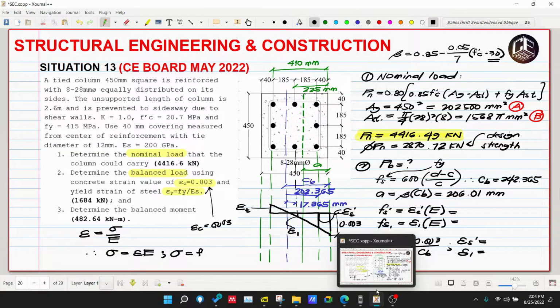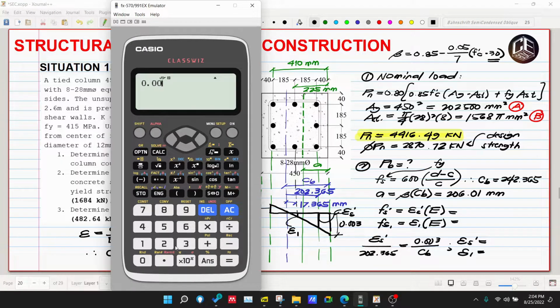Sorry, this is epsilon pala, hindi yan E. Okay, so 0.003 multiplied by 202.365, divided by CB na 242.365. And, so 0.0025.